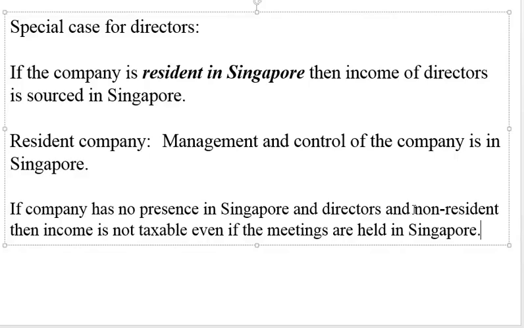Directors are non-resident. How much did you get for tax? It was difficult. This is new, I give you new.